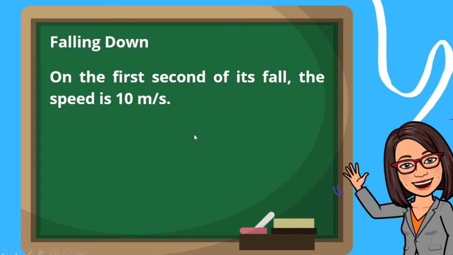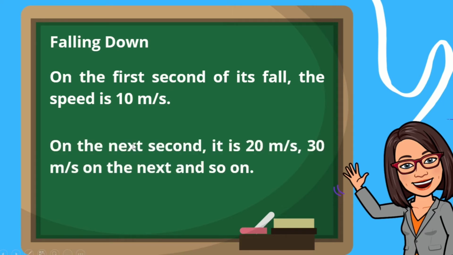Remember that the unit of speed is meter per second, whereas the unit of acceleration is meter per second squared. On the next second, sa pangalawang segundo, it is 20 meter per second, 30 meter per second on the next, and so on.